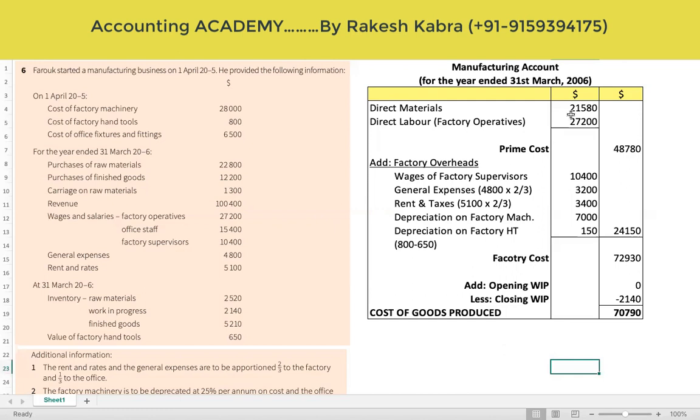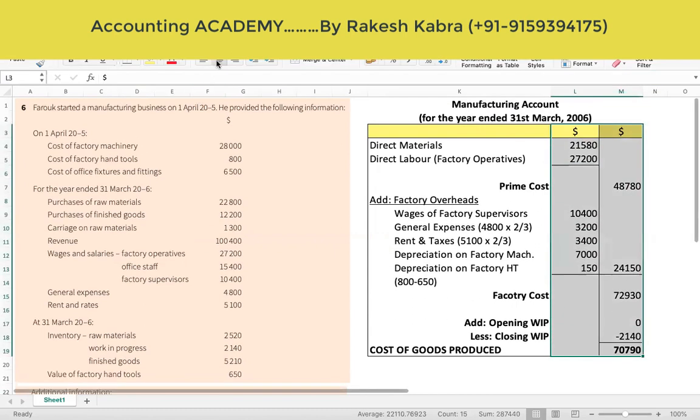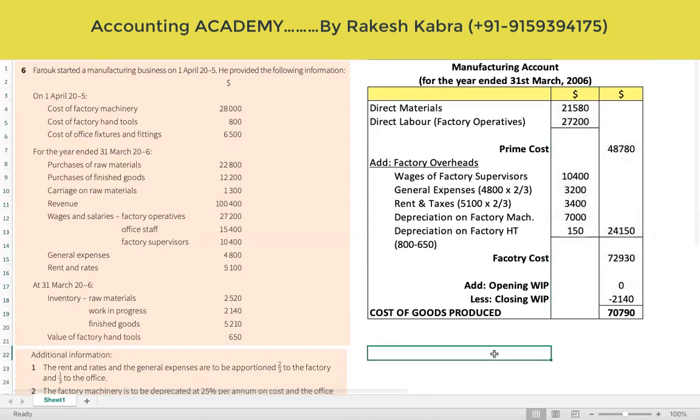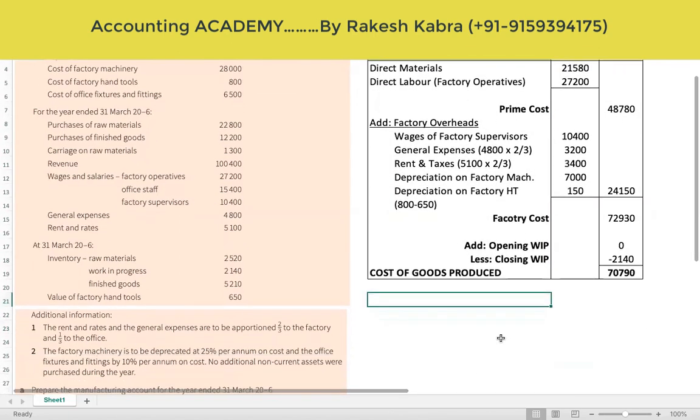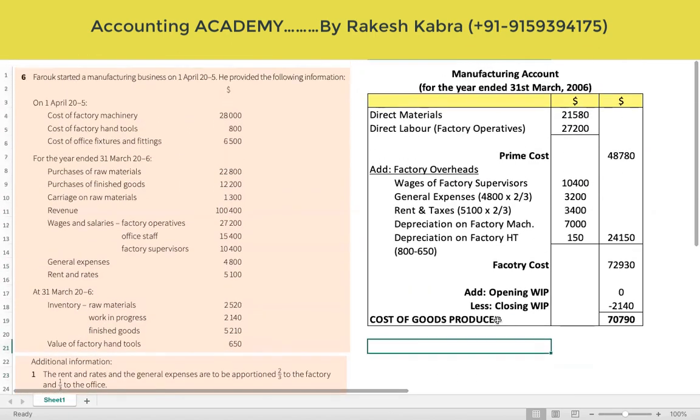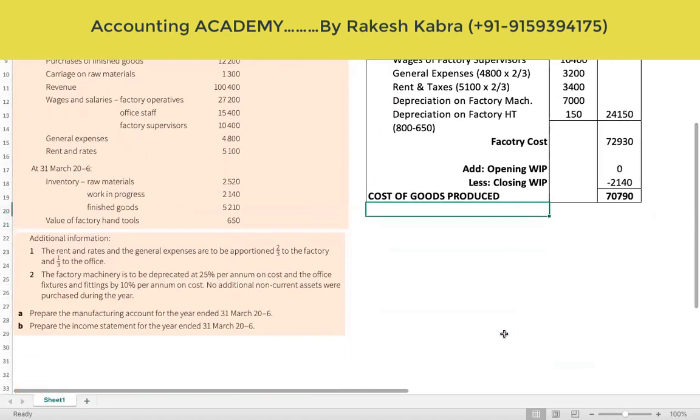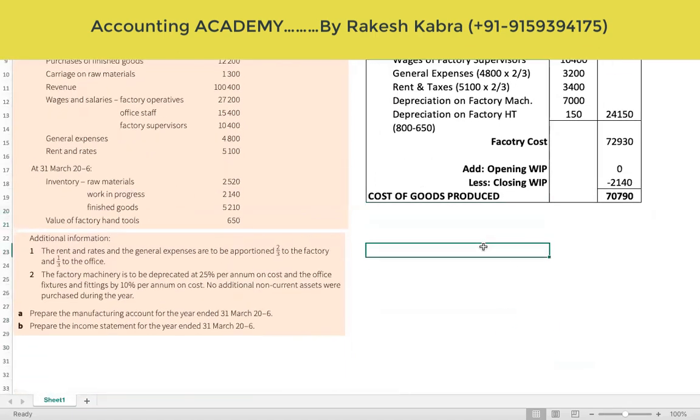And after selling, how much profit I earn, that I need to find out. Is there profit or loss? So for that I will prepare the income statement. See how I am preparing the income statement. Let me draw the format of the income statement.